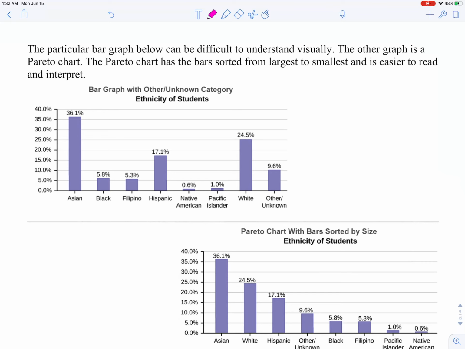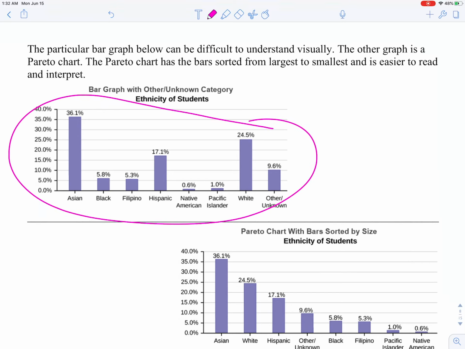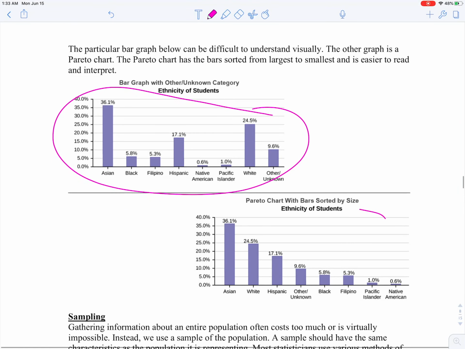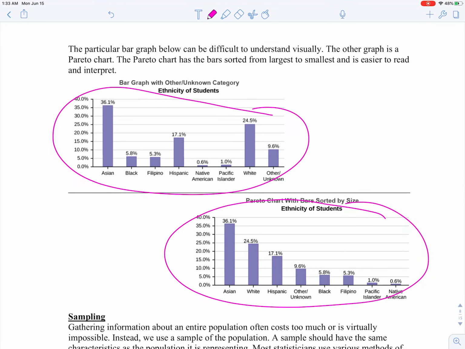The particular bar graph below can be difficult to understand visually, so this one's kind of a mess. Like, you've got bars going up and down and all that stuff. But the other graph, this one down here, is called a Pareto chart. A Pareto chart is simply a bar chart where the bars go from largest to smallest.